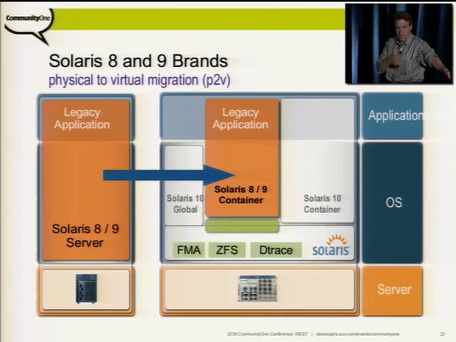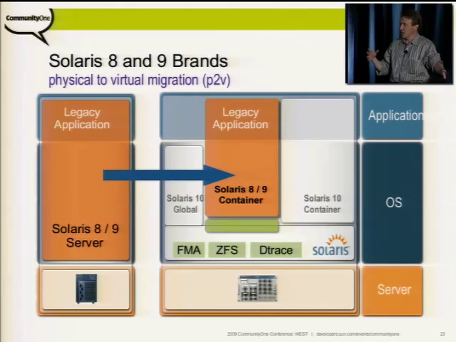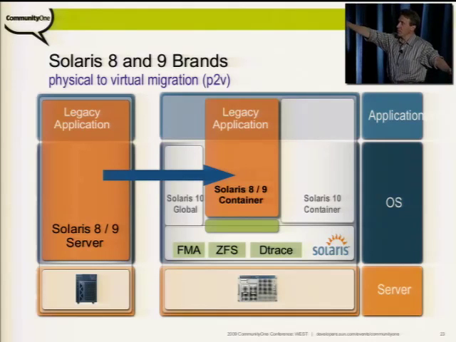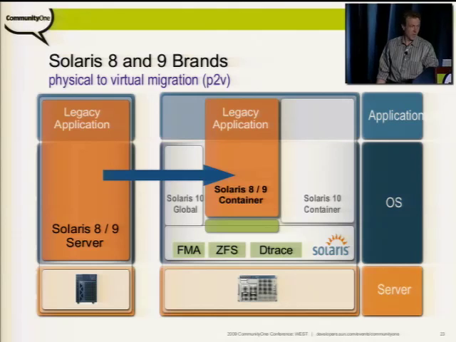You just tar up or flash archive the system, and then you can install it into the zone running on S10. It's basically just a zone install once you have that archive, and at that point you're running that full system stack. Whatever was configured on that original system is just replicated into the zone.